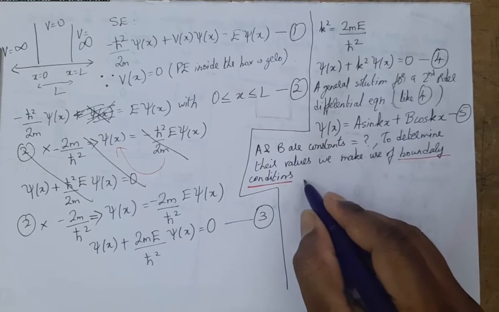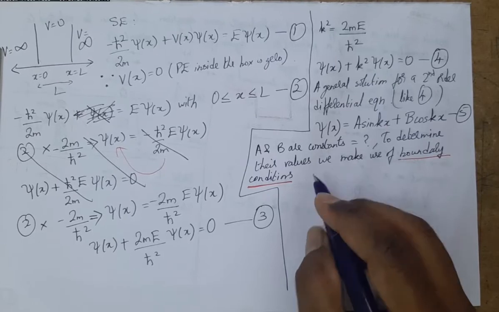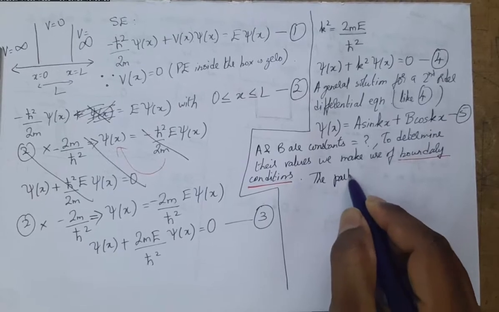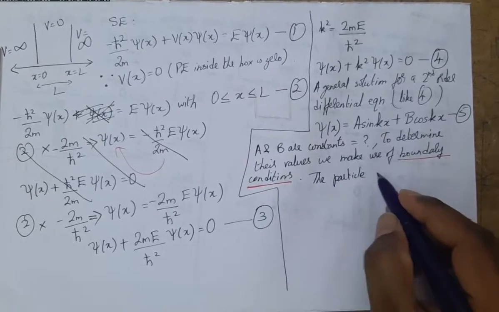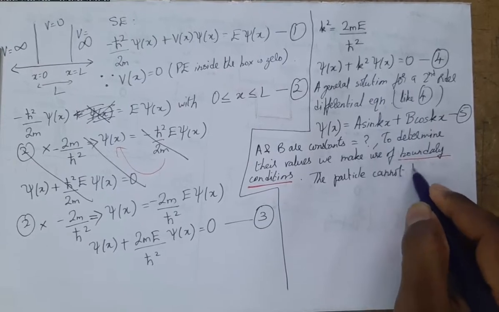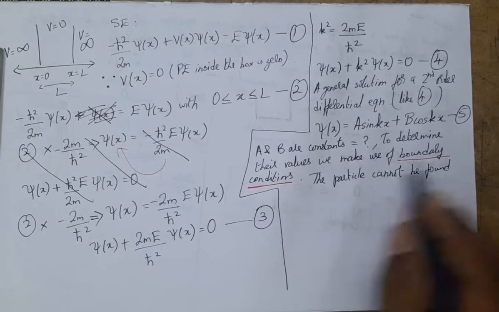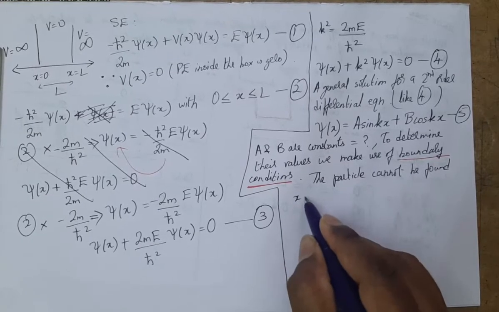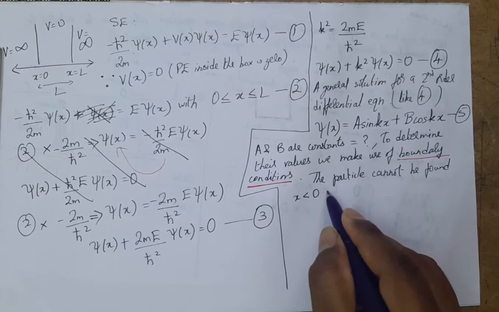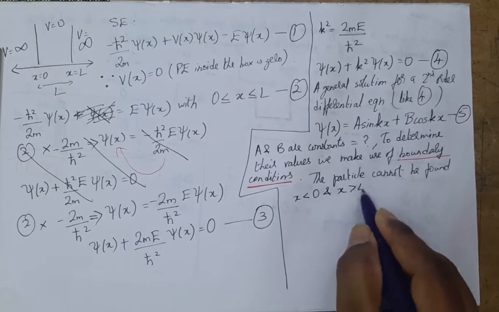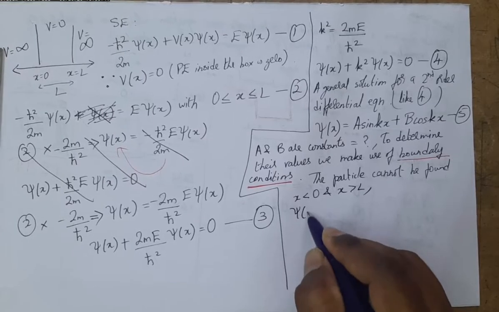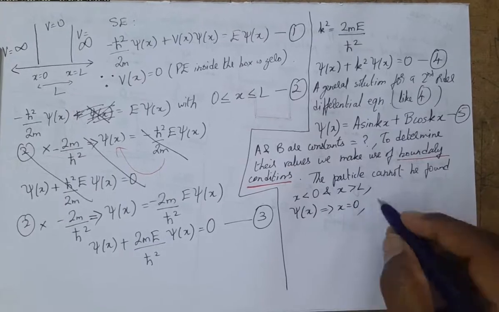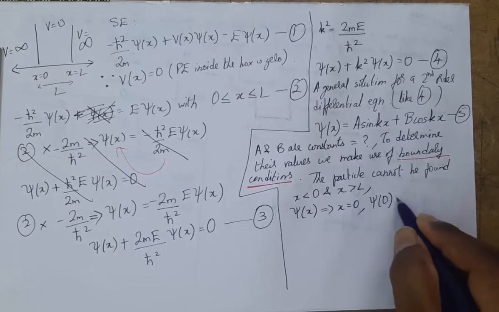We said that the particle cannot be found at x less than 0 and at x greater than L. That means if we put x equal to 0, psi of 0 should be 0.